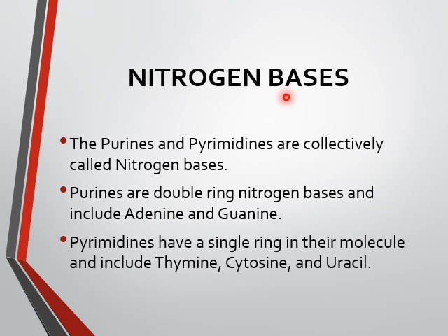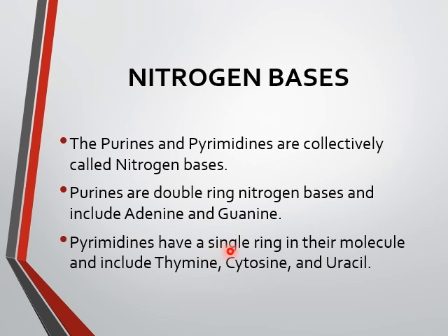Nitrogen bases. There are 2 types of nitrogen bases, that is purines and pyrimidines. They are collectively called as nitrogen bases. Purines are double ring nitrogen bases and they include adenine and guanine. So 2 purines are there, that is your adenine and guanine.